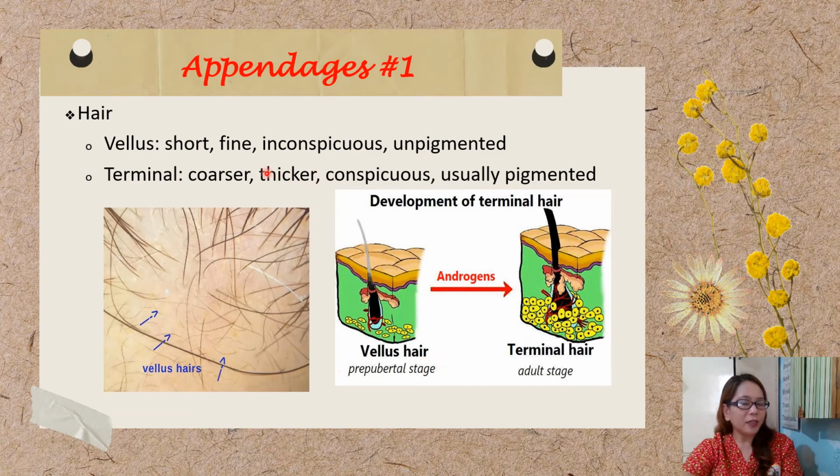It is short, fine, inconspicuous, and unpigmented or very light in color. So you noticed it is very thin compared to the terminal hair, which is coarser, thicker, conspicuous, and usually pigmented or darker in color. So examples of terminal hair are the scalp hair and the eyebrow hair.